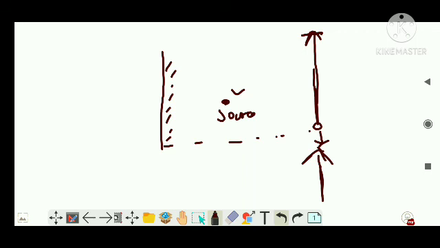Actually, this is an application of the same earlier process. This is the person. The source image will be equidistant from the mirror, so let's say this is S dash.